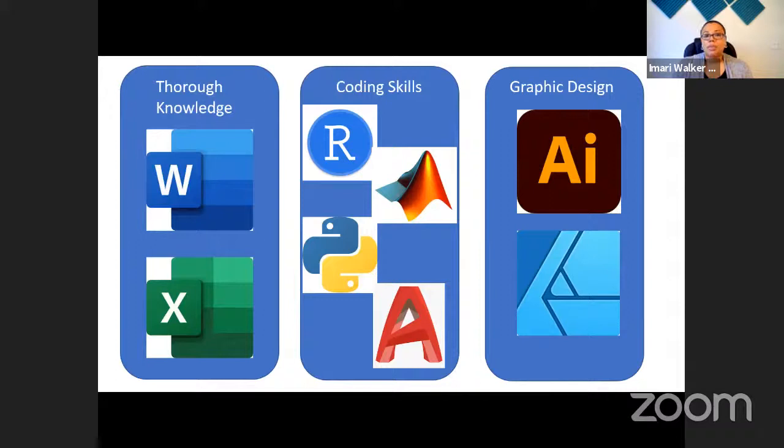It's really interesting the level of graphic design that can come into even engineering and modeling things. So it's not something that everyone is going to encourage you to do, but it's really handy to have a baseline understanding of how to use some of these programs, any of these programs.